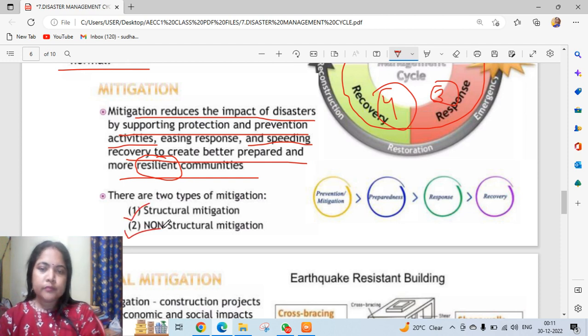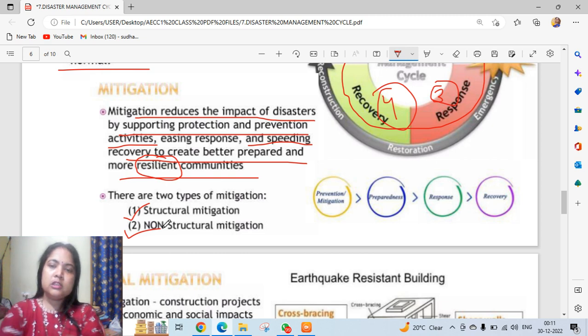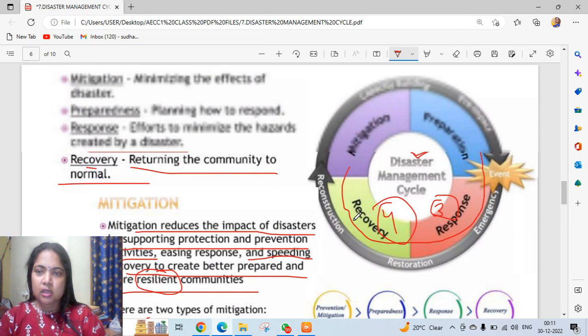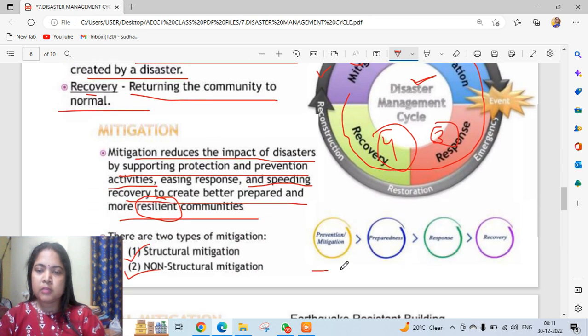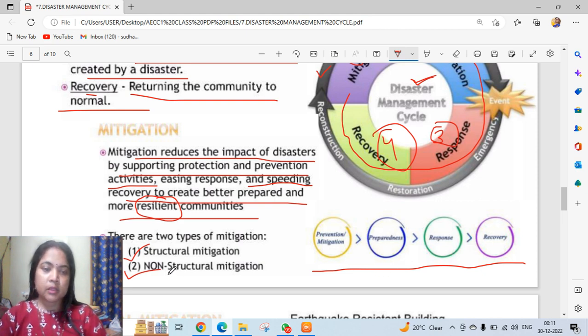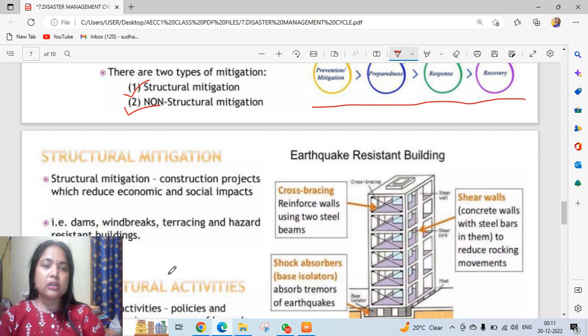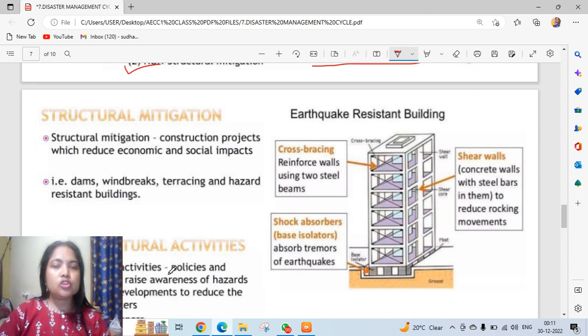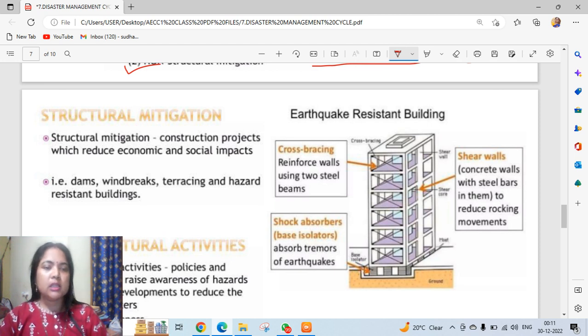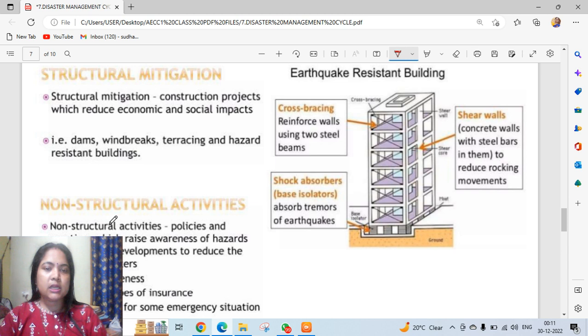Okay, so here this is the picture, that here I mark that this is 1, 2, 3, 4. Here it is mentioned that this is first, then this, then this, then this. Okay, so structural and non-structural means what? Structural mitigation means construction projects which reduce economic and social impacts, that is dams, windbreak, terracing and hazard resistant buildings.